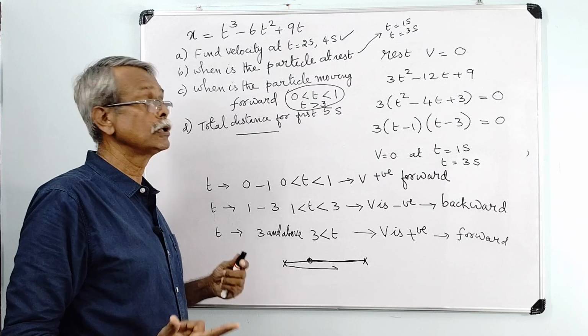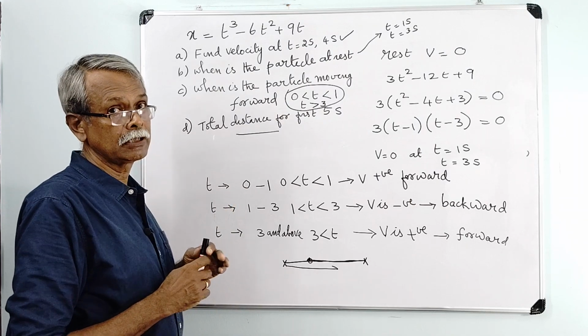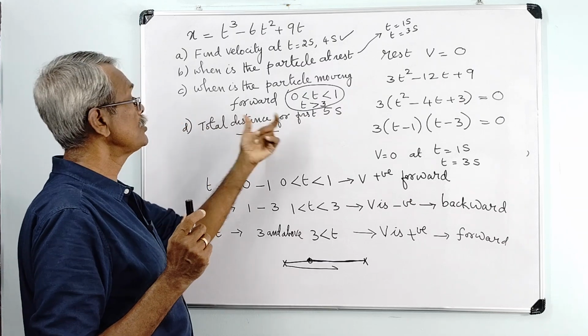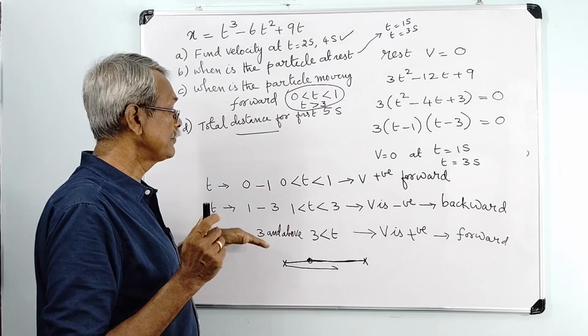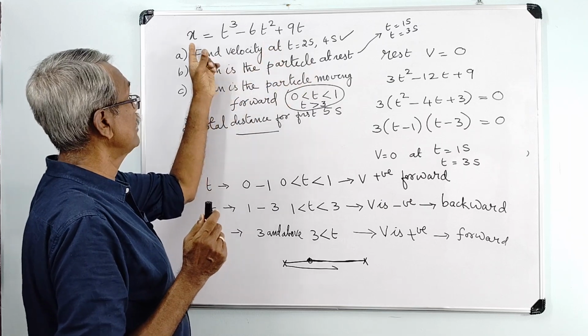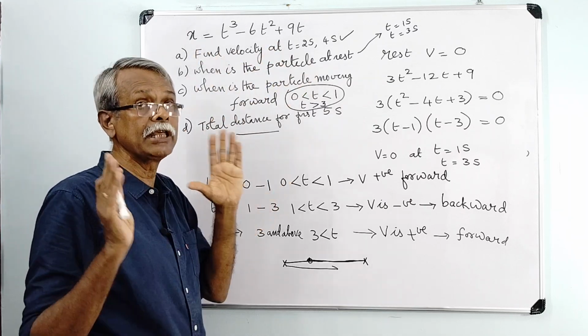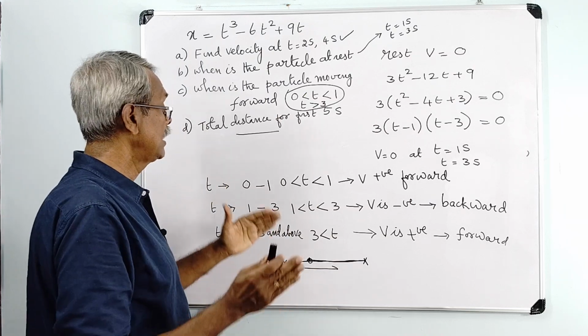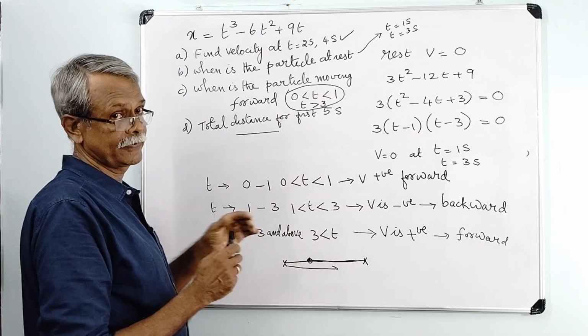That will give you the total distance traveled. Therefore, when you calculate the total distance, you should be careful. In questions, when there is this type of motion, you should not make the mistake of x5 minus x0. That gives you the displacement. But the distance traveled is the sum of all this.